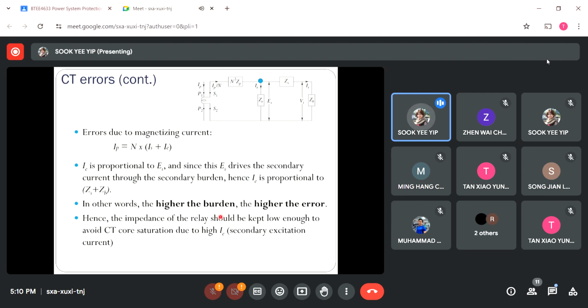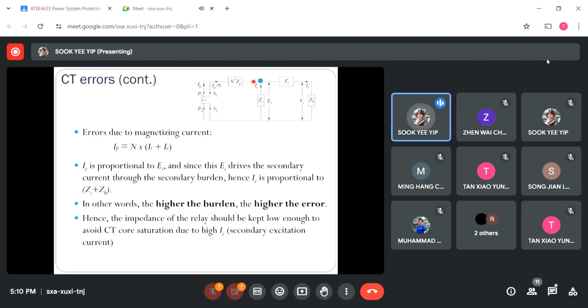Because the higher the burden, the higher the error for the current transformer. So in such a case, the impedance from the connected loads should be kept as low as possible to avoid the current transformer turning into saturation mode due to the magnetizing current flow here. So usually we want to have this value as low as possible.